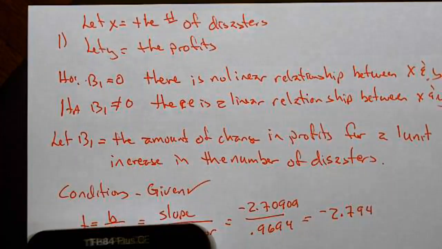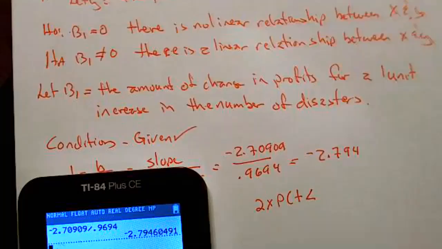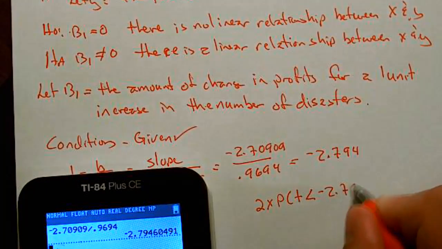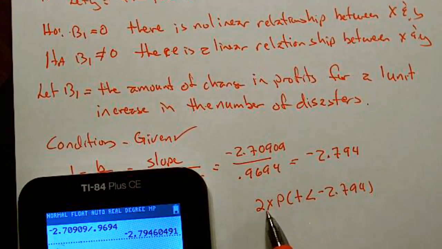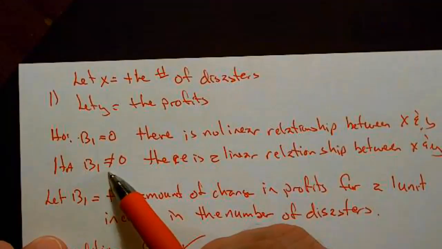We're going to go ahead and calculate the probability of that. So we're going to look for 2 times the probability that T is less than negative 2.794. And once again, the reason we're doing the 2 is because our alternative hypothesis was a not equal. So here we go.